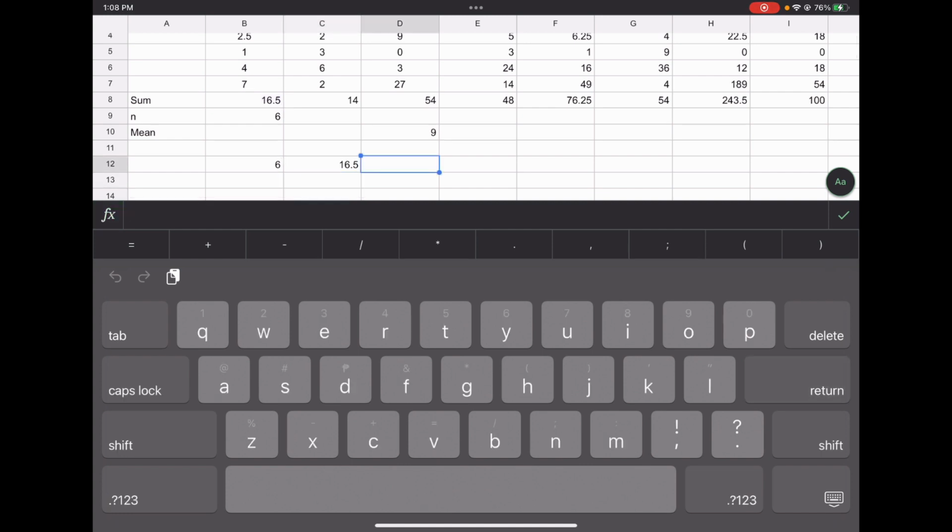Then for the next one, we have the summation of the x sub 2.